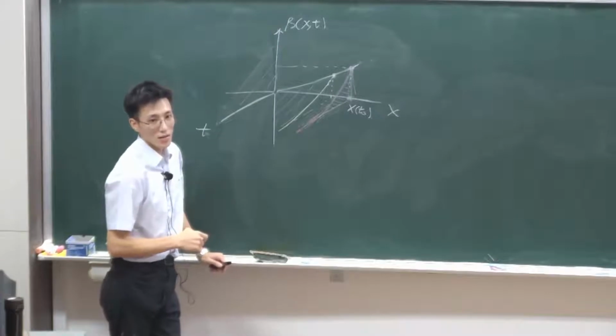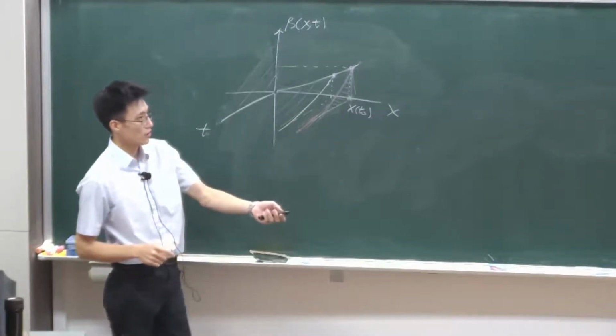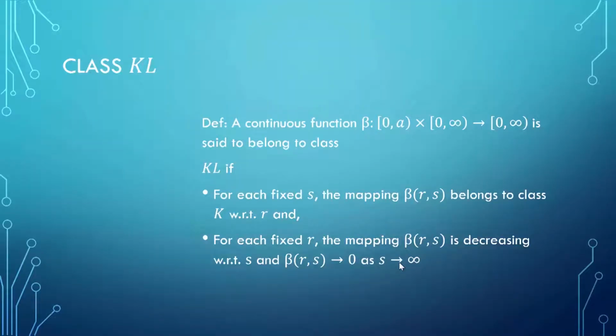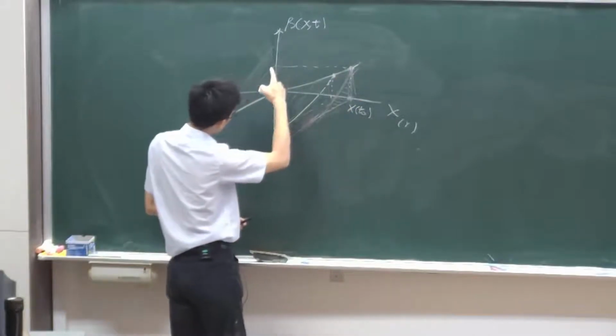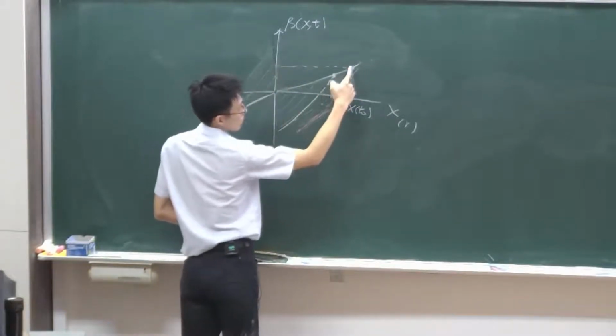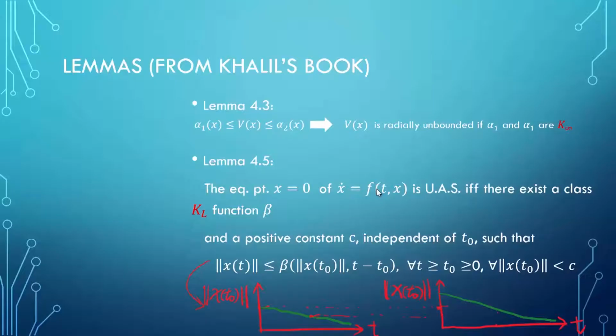懂吗？听懂吗? So according to this definition, beta increases with r, and decreases with t. So if you start from here, you have a decrease. This is a beta function.